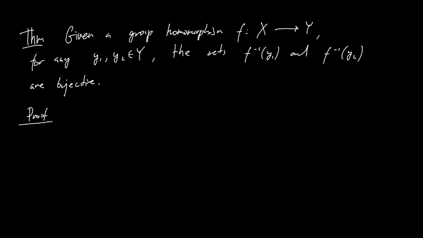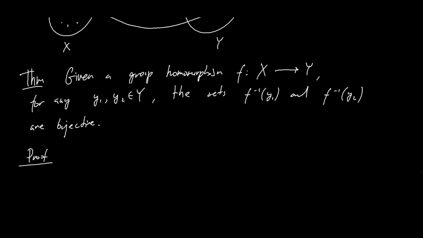Well, I mean, there is one scenario when, okay, what am I talking about here? Sorry, this needs to be elements that do come from the range of F, because otherwise we might have something that has never been mapped to. So the sets are bijective, or one of them is empty. So they're bijective whenever they're non-empty.